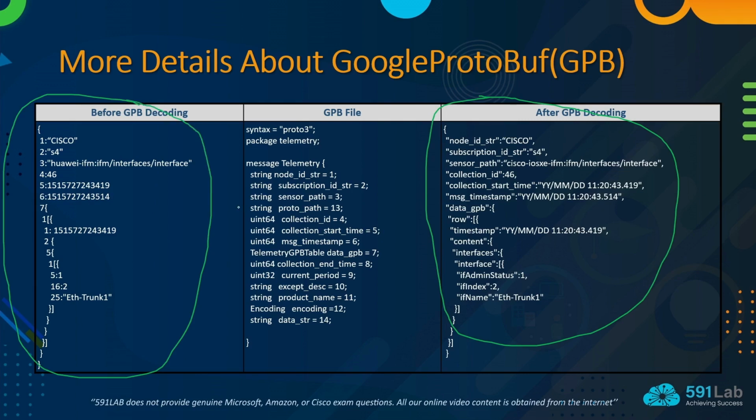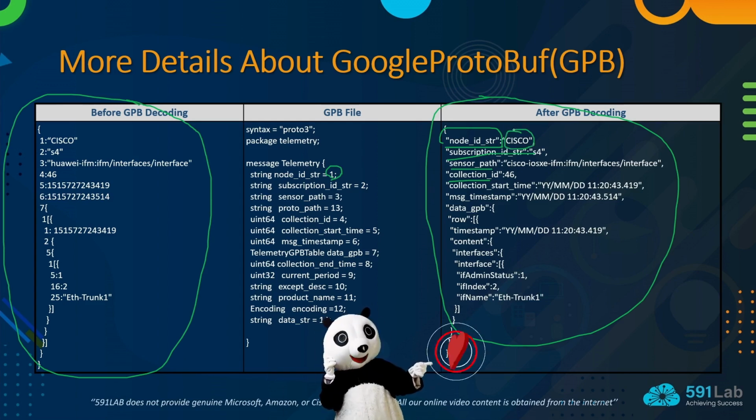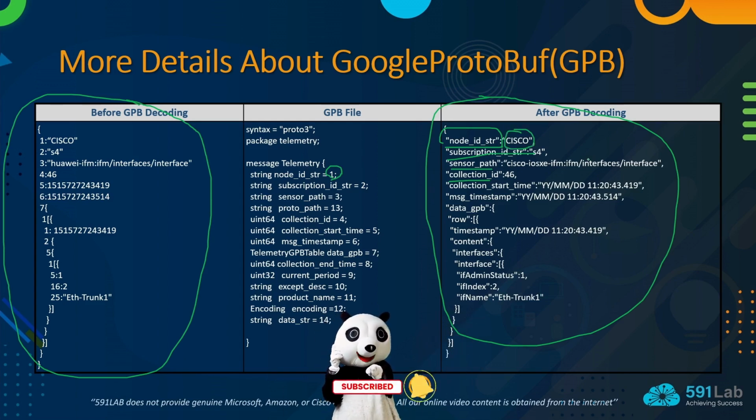So you can see we save much transmission bandwidth by changing the string key to a simple number. So why is it the key? Why is it not the value? The value will change in many cases, for example it is not Cisco, it is Juniper, or it is Huawei.